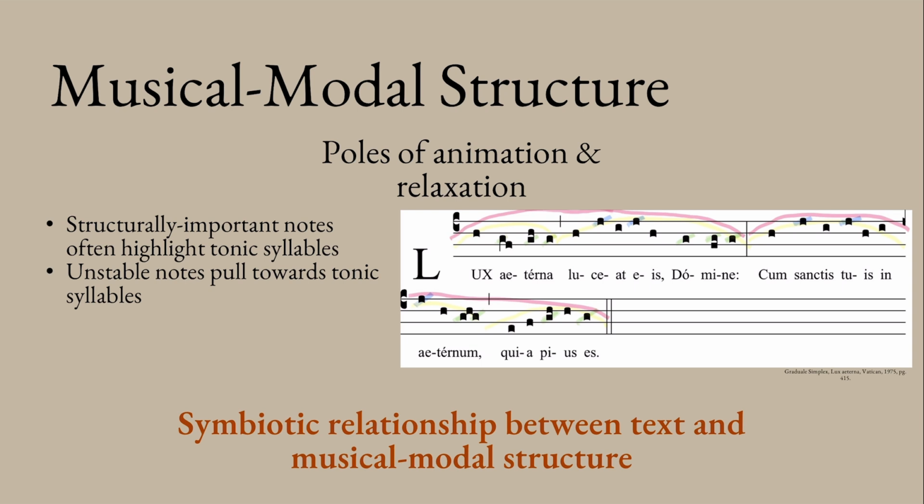And then we end that larger subphrase on domine, also around sol, and we're revolving around that. But on luceat eis, we surge up to do, right? Those are important words. Light, we have this idea of light. So we start below near sol, and we surge up to the dominant, and then we fall back again on the word domine. Back down to the final.